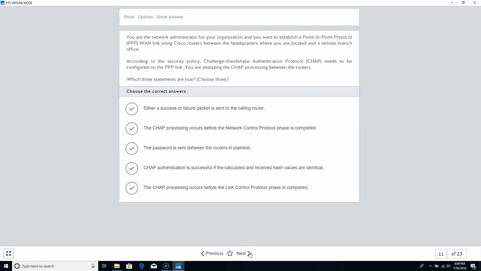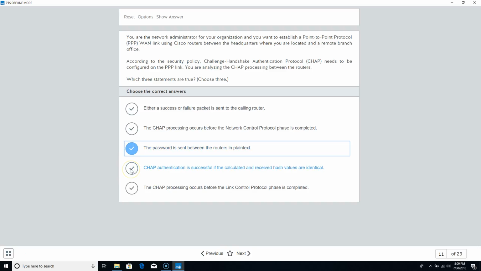According to the security policy, CHAP needs to be configured on the PPP link. You are analyzing the CHAP processing between routers. What statement is true? The password is sent.